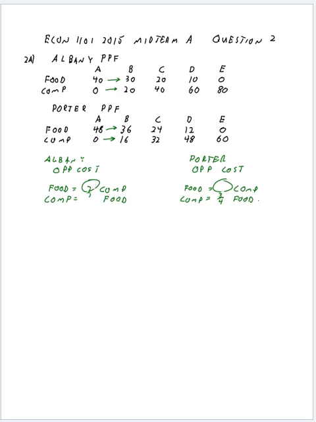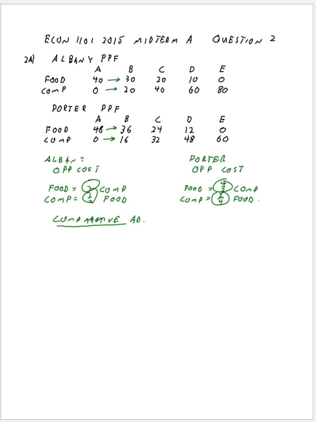And we know that trade is based on the concept of comparative advantage. You produce the good for which you have a comparative advantage, and you trade for the good that you don't. So in this case, Porter should be producing food because it has an opportunity cost of 4/3 compared to Albany's opportunity cost of food of 2.